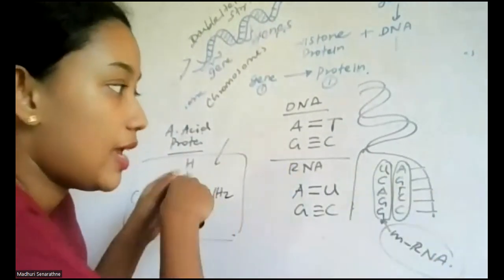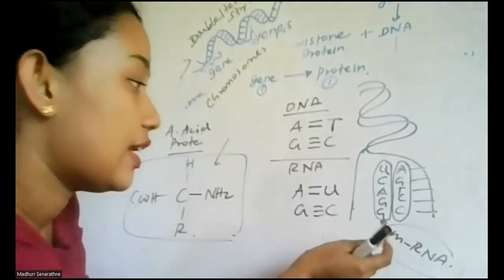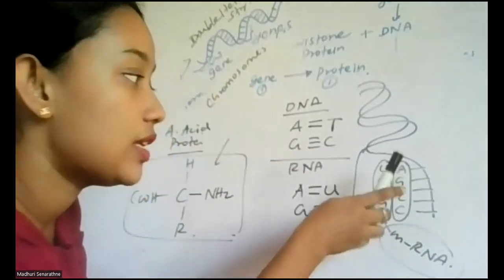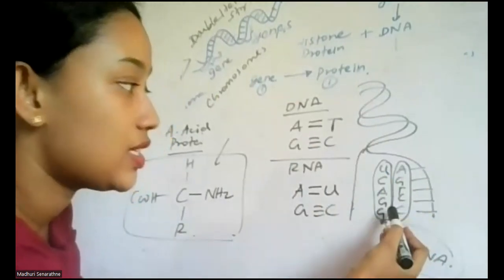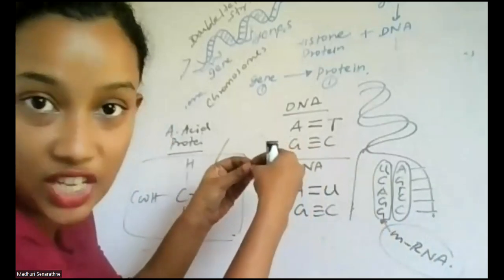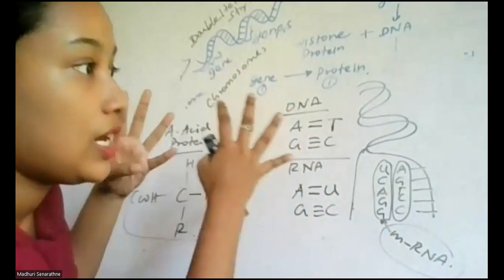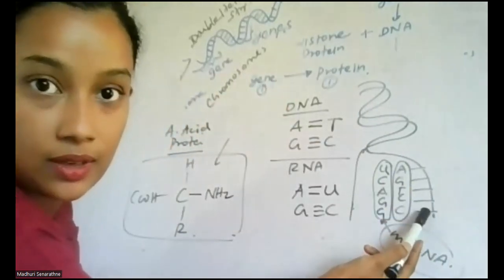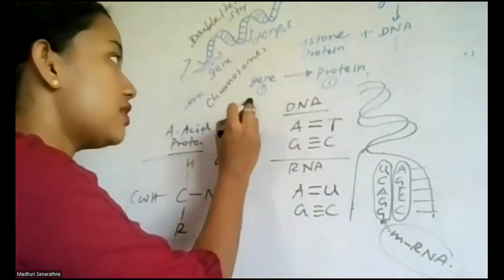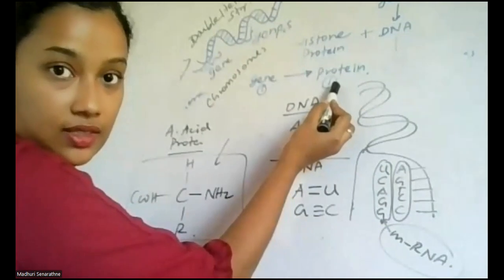Messenger means it will carry a message about the sequence of which types of amino acids should be bound with each other. The initial command is produced by this particular gene. That is why we can say genes are involved in protein synthesis.